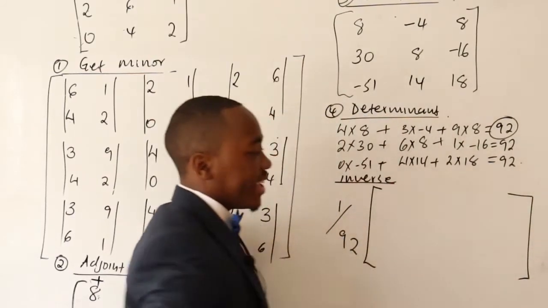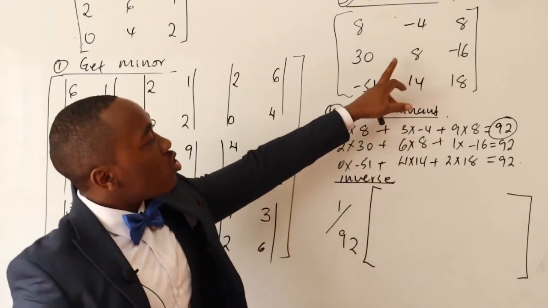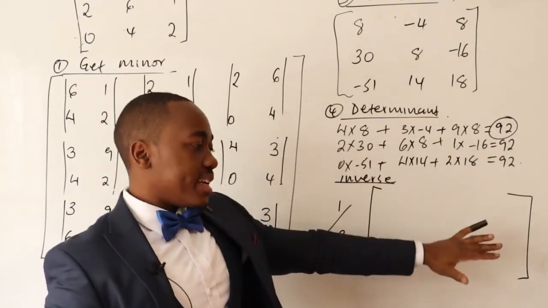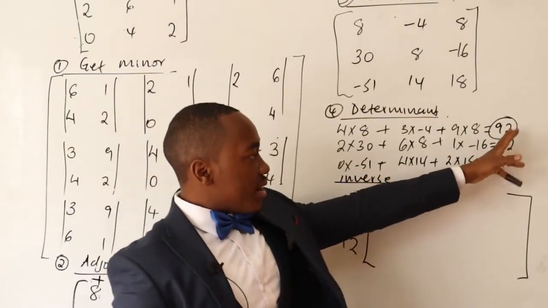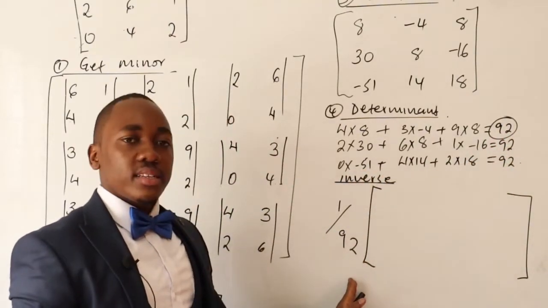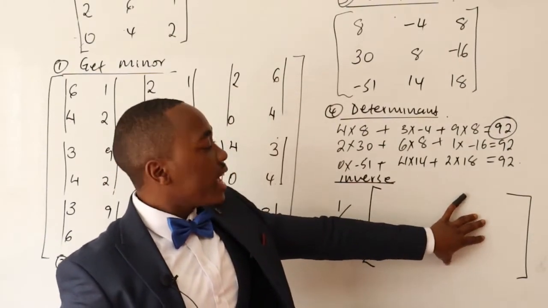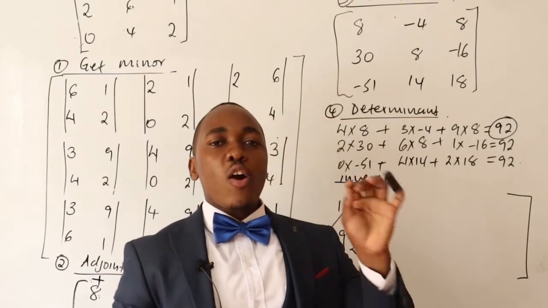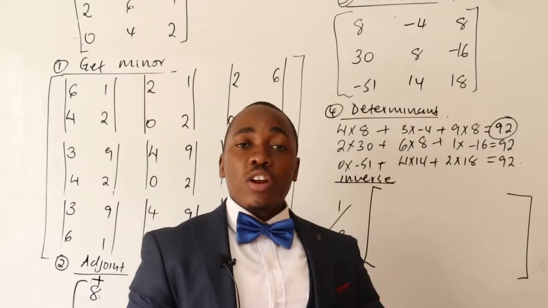And then, note this, you transpose the cofactor. To get the elements inside the inverse, you transpose the cofactor, where the row becomes the column, and the column becomes the row.